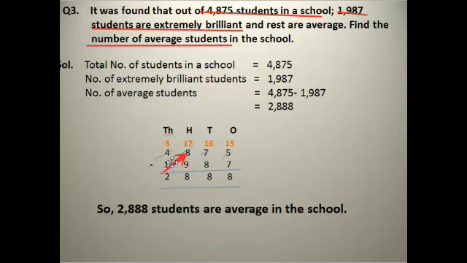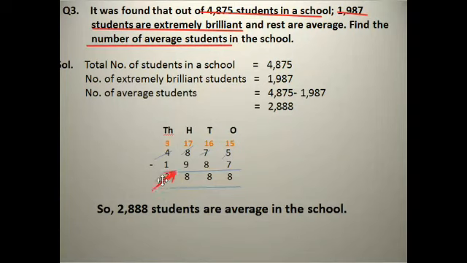After that we subtract 9 from 7. It is also not possible. So we take away 1 from the thousands place and 7 becomes 17. Now we subtract 9 from 17 is 8.